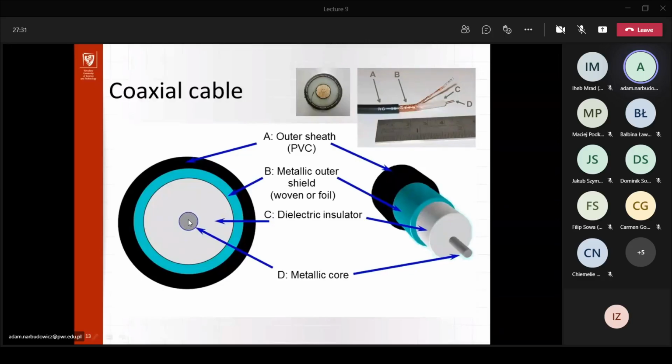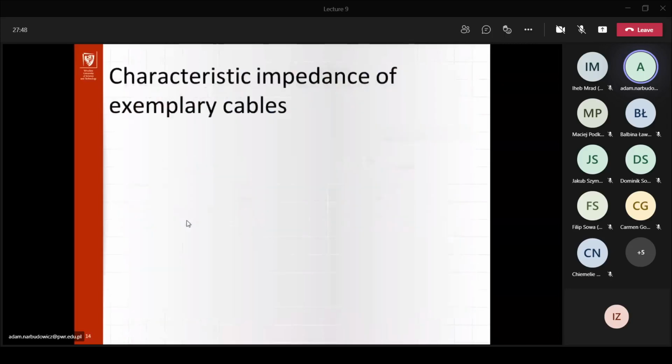We have a metal in the form of a wire, we have an insulator, and then we have another metal, right? So that's really nothing more than a capacitor, just stretching very, very long along the cable length.